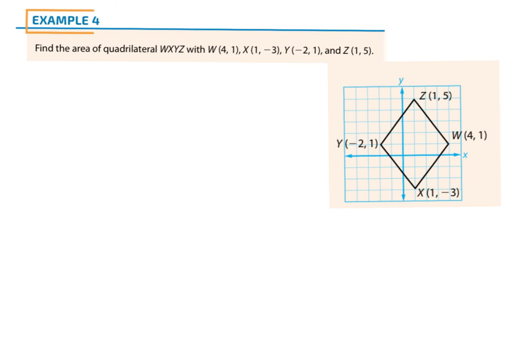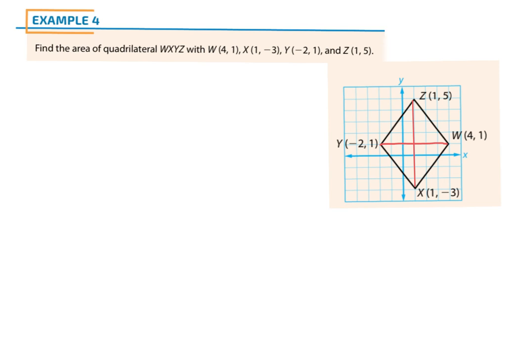If you look at this quadrilateral, you can tell this is a rhombus. If you know what you're looking for, you can tell it's a rhombus, all right? So if you were to just go across here for this diagonal, or if you were to go down with this diagonal here, you should be able to see that, first of all, they're perpendicular based off of the actual graph itself.